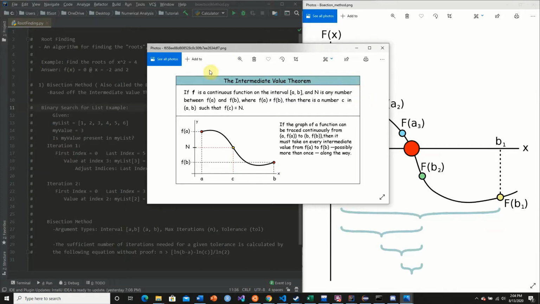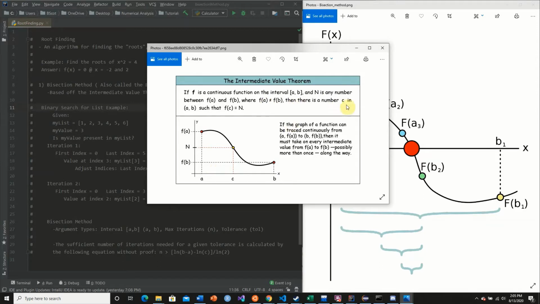So what this is saying is, we're given a function f. Here we have our function f. It is continuous on the interval a to b, where a to b is our interval on the x-axis. Then there exists some number n that is any number between f of a and f of b, where f of a and f of b are on the y-axis. So n is some y value, where f of a does not equal f of b.